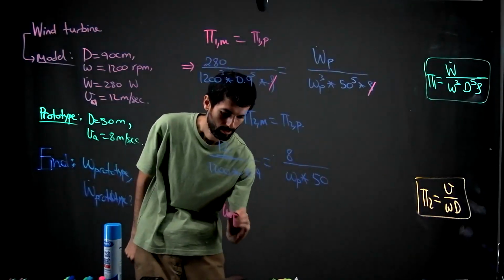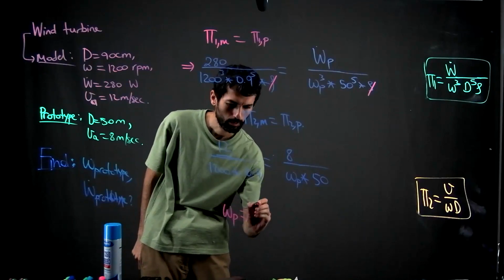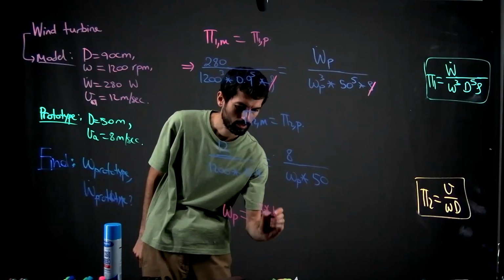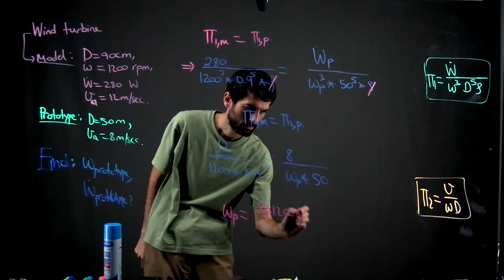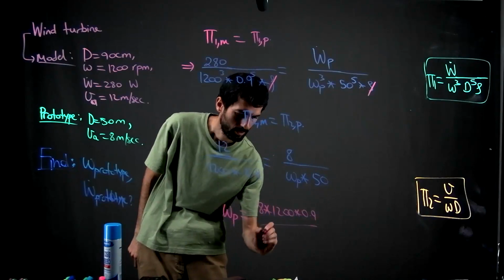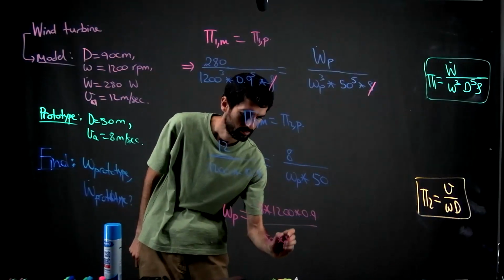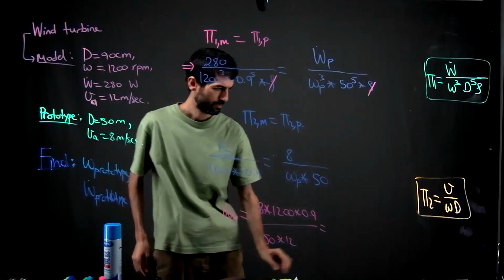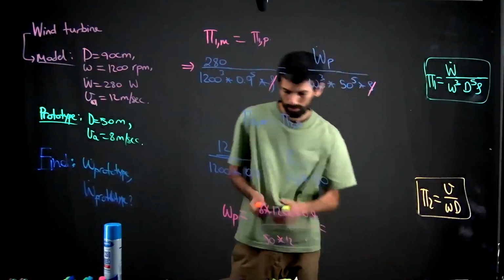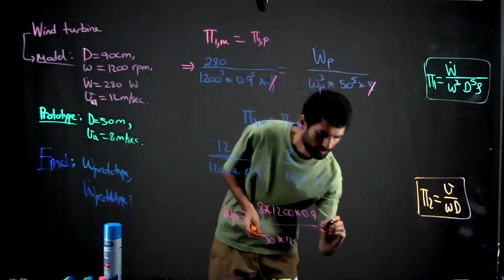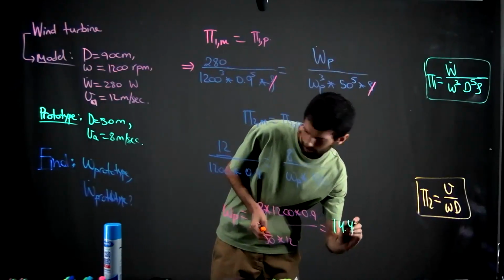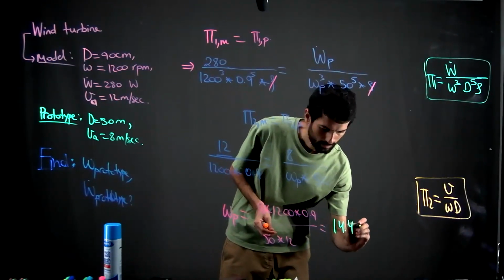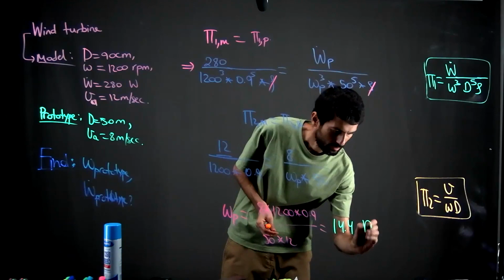So omega of the prototype will be 8 times 1200 times 0.9 divided by 50 times 12. If I do that, this one is 14.4, then RPM.